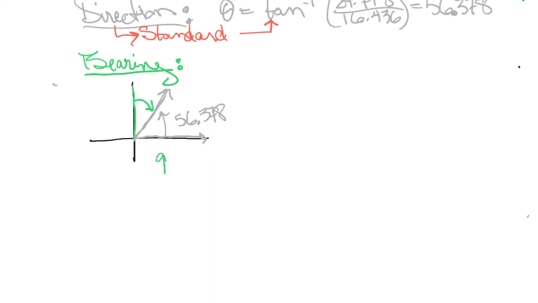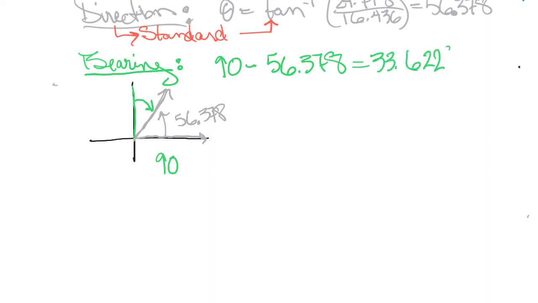And so I'm just going to do 90 minus 56.378, which calculates to be 33.622 degrees.